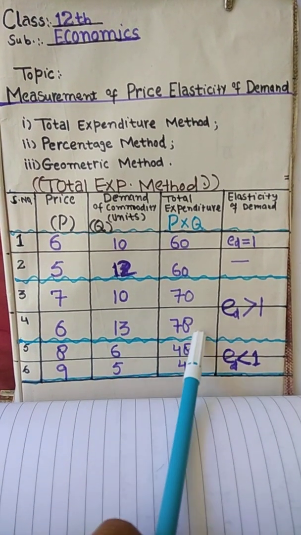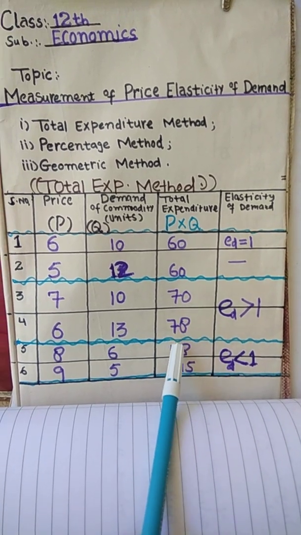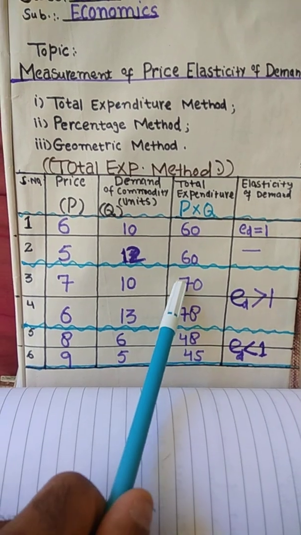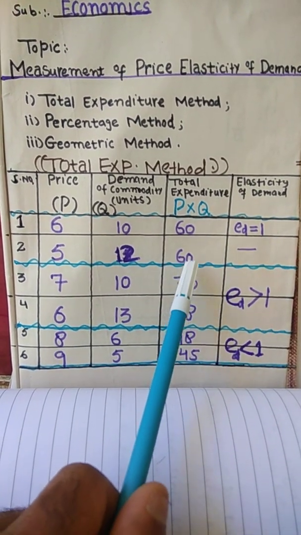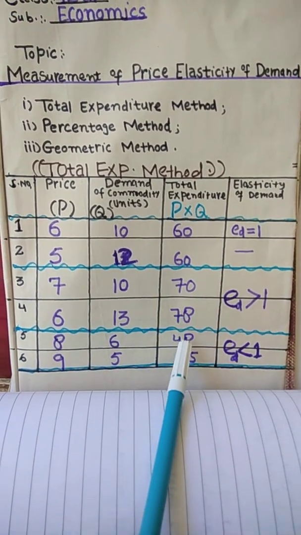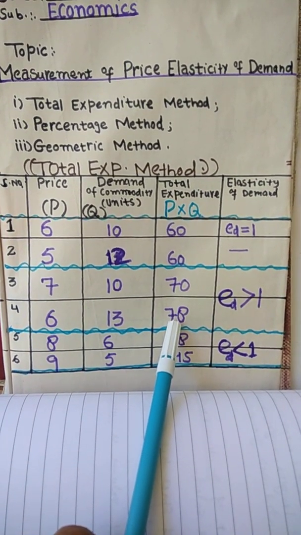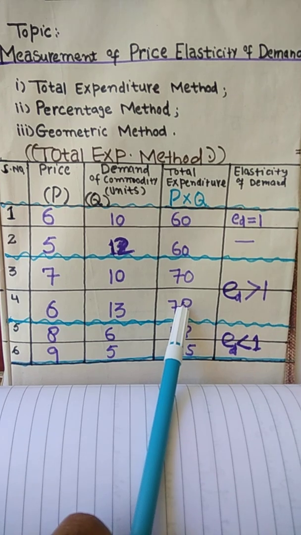However, his expenditure increases from 70 to 78 rupees. That is, there is an excess of 8 rupees in the expenditure of the consumer.